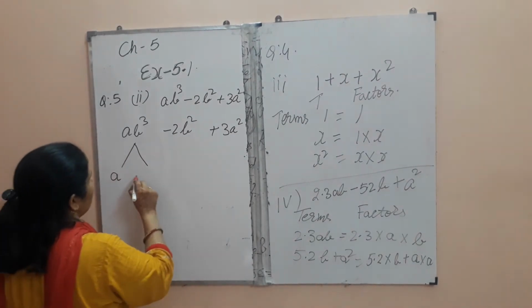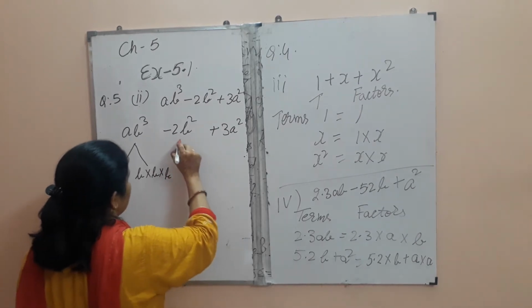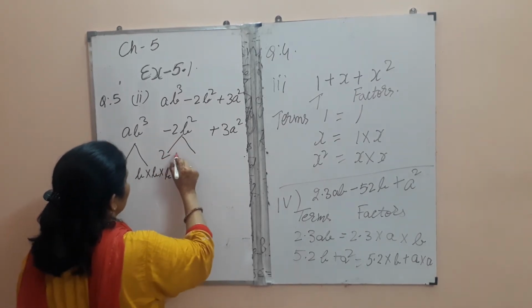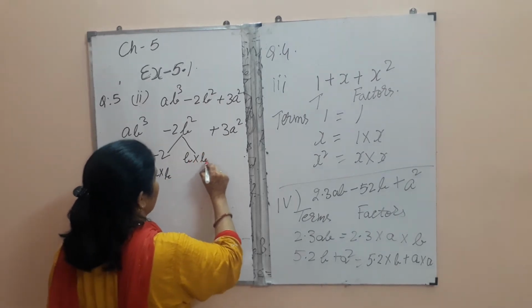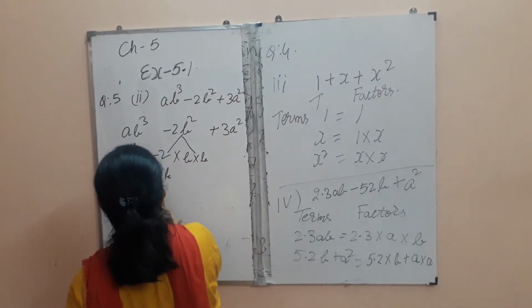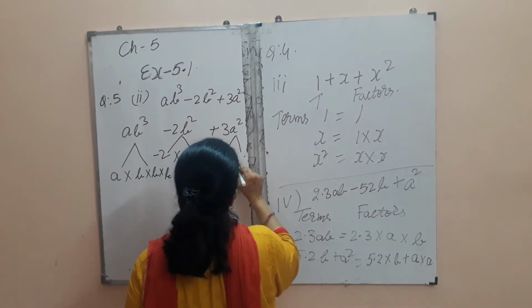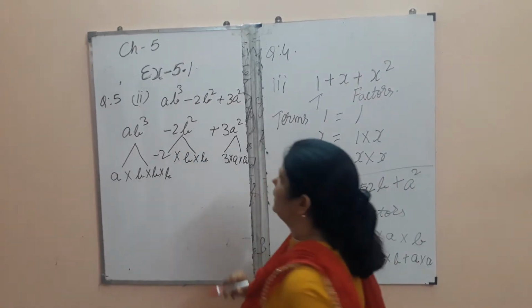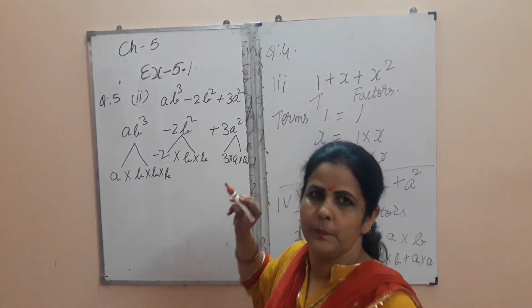So A and B into B. In this, minus 2 and B into B. In this, 3 into A into A. Like this we will do it in the factor tree form.